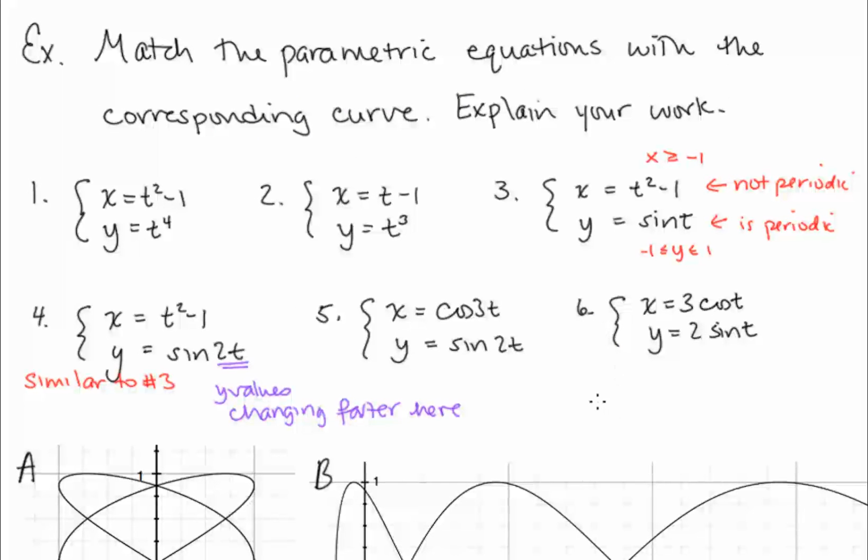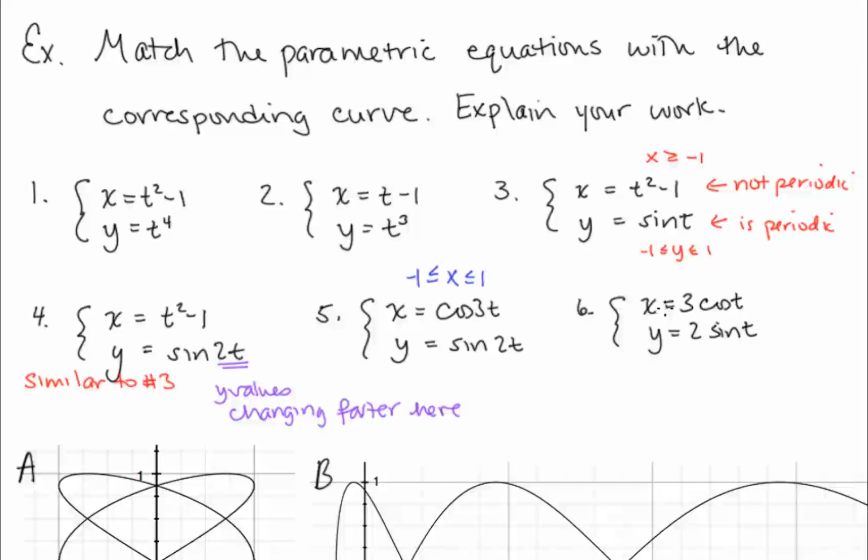Now let's go back to the other equations and take a look at which ones look periodic. Here, with numbers 5 and 6, we see that both x and y are periodic. But notice the important difference between the placement of the 3 and the 2 in these equations. With number 5, this is x equals cosine 3t. These x values are the range of the cosine function. So here, x is going to be between -1 and 1.